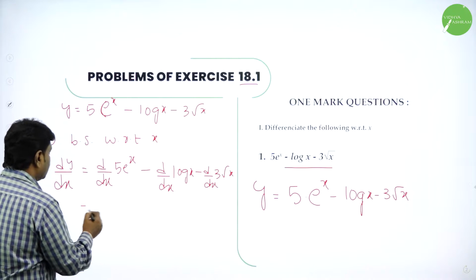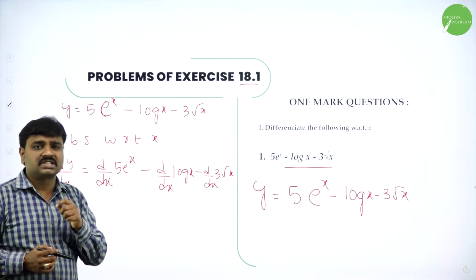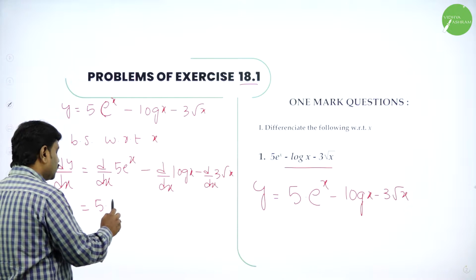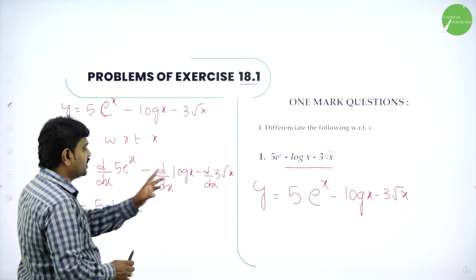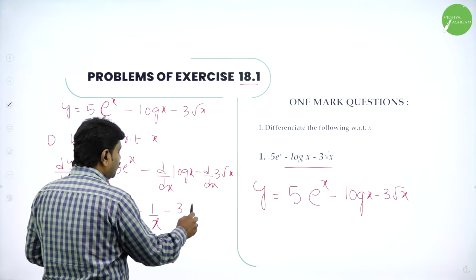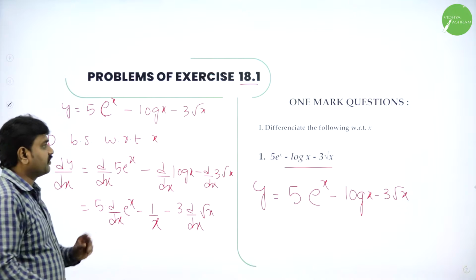All of you know the formula k into f of x. If you have k into f of x, k is a constant. Constant into function means take the constant out. Take 5 out, d by dx of e power x, minus, what is d by dx of log x? 1 by x. Minus, take 3 out and apply d by dx for root x. Further simplify this.